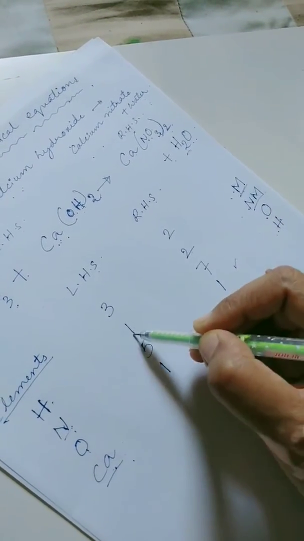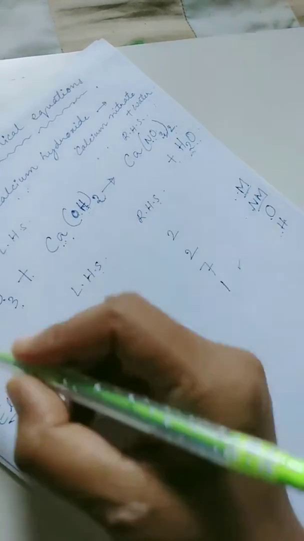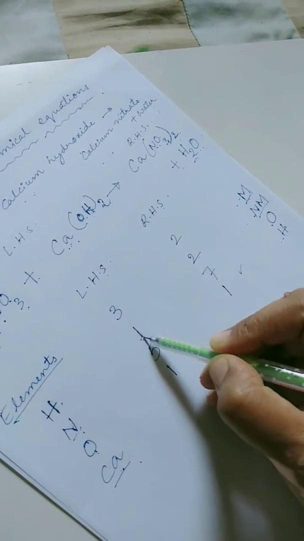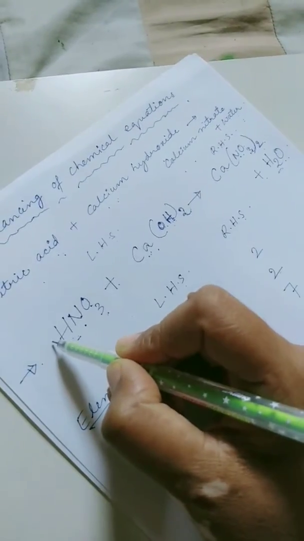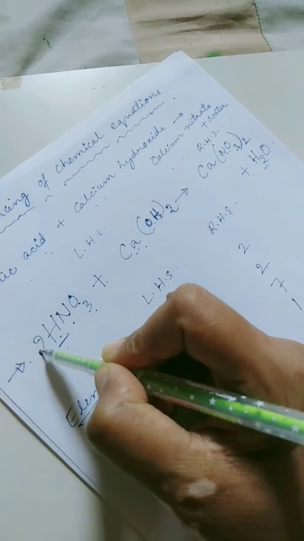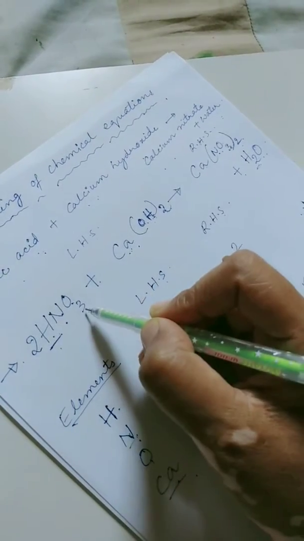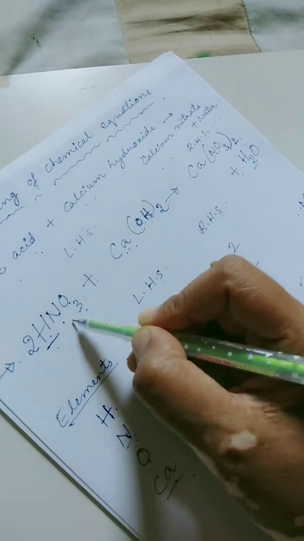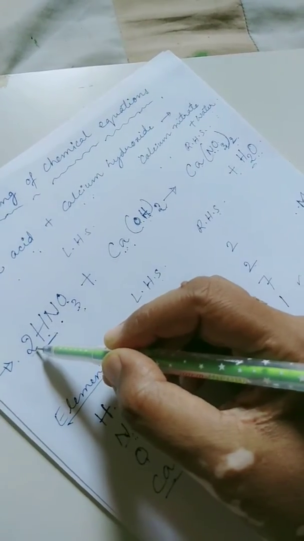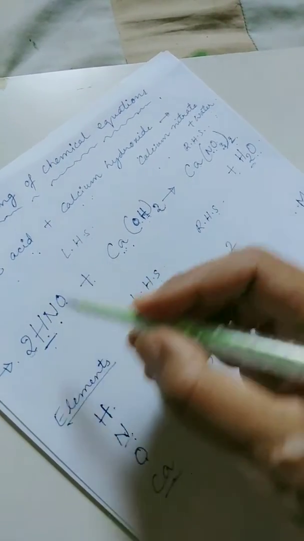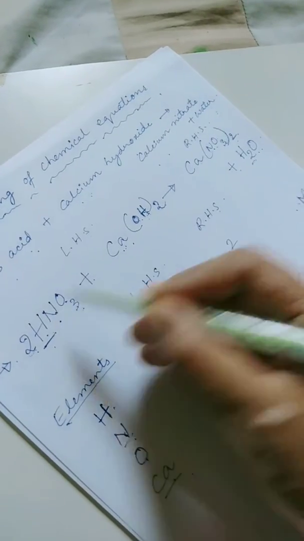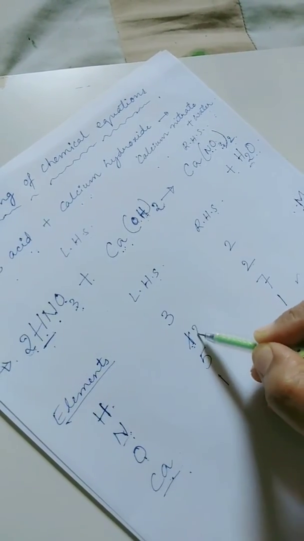So in order to balance the nitrogen, what we need to do? You have to increase the number over here. So I'll be putting a 2 here. You remember that you cannot change the subscripts, but you can change the coefficient. Now, nitrogen became 2 now.